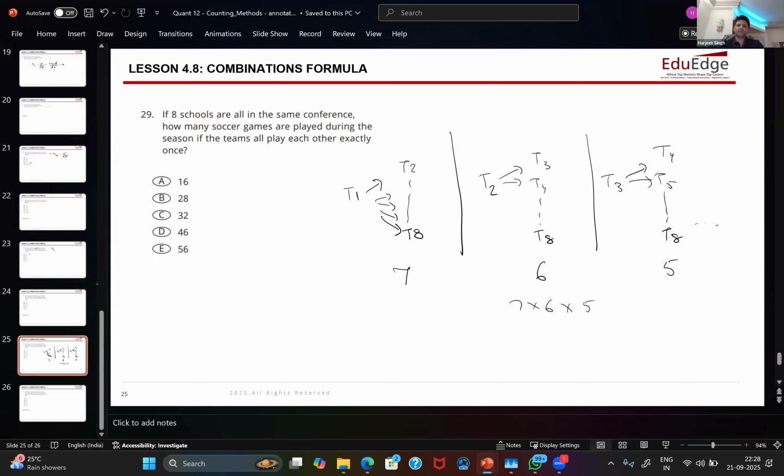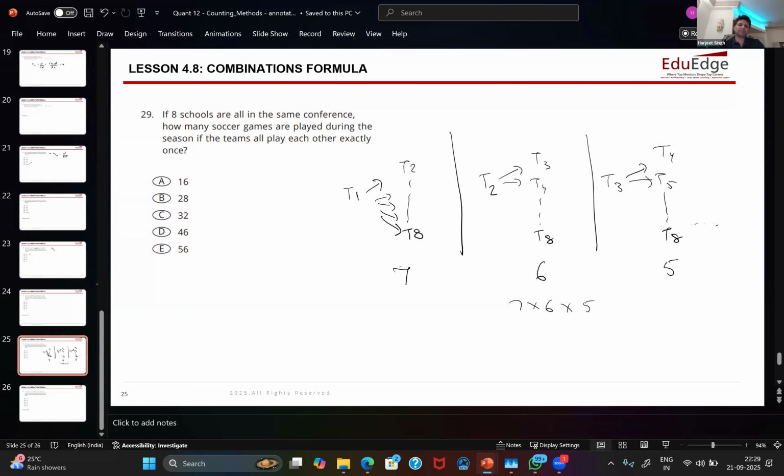Is it into or is it plus? Now you have to tell me this. We are not talking about positions here. We are talking about the number of matches.